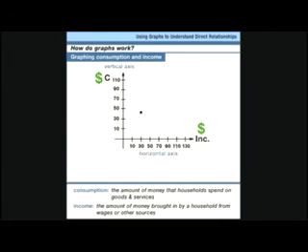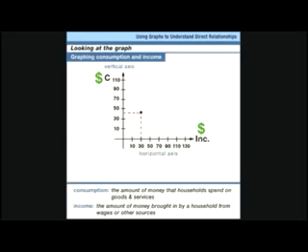Now notice, the horizontal coordinates of this point represent the income of the household, that is $30,000. The vertical coordinates represent the consumption spending. So see, each point in this space represents a combination of two pieces of information about a single household, their annual income and their consumption spending for that year.